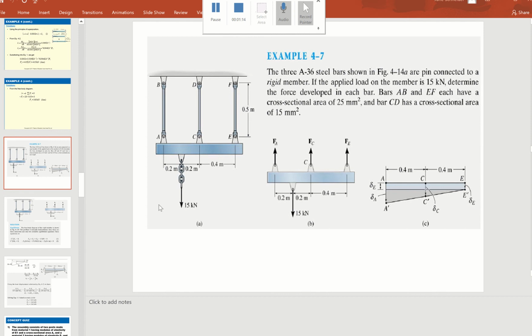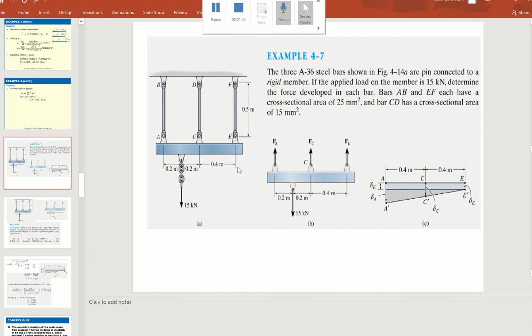There's a force of 15 kilonewton applied downward, and they want us to figure out the forces in bars AB, CD, and EF. We also know AB and EF have a cross-section area of 25, and CD is getting skinnier, it's 15 millimeters square. So how do we find those three unknowns, FA, FC, and FE?